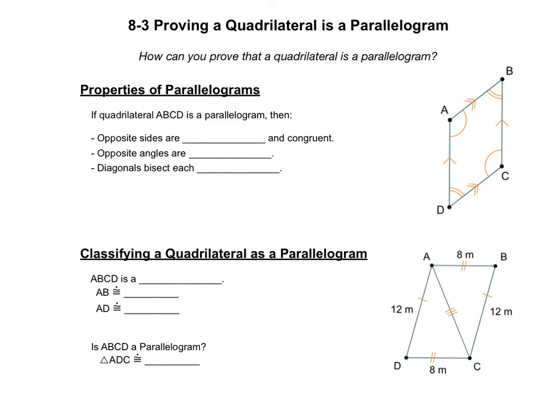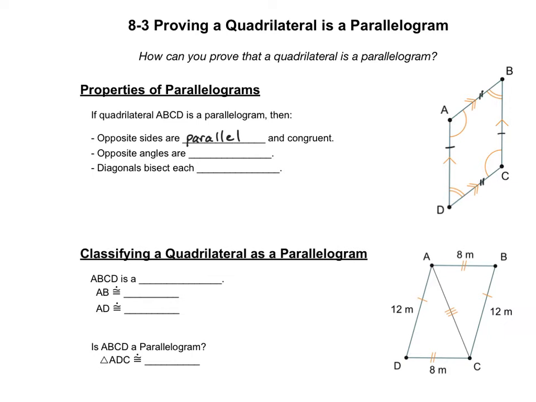And we also know that they are not only parallel, but also congruent. So this side is congruent to that side, and this side is congruent to that side.